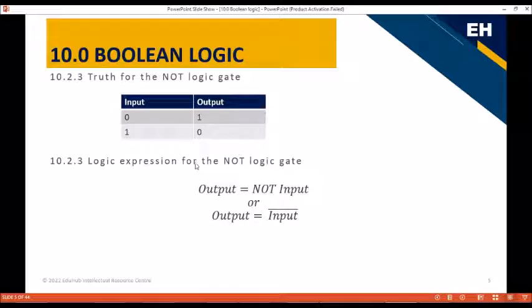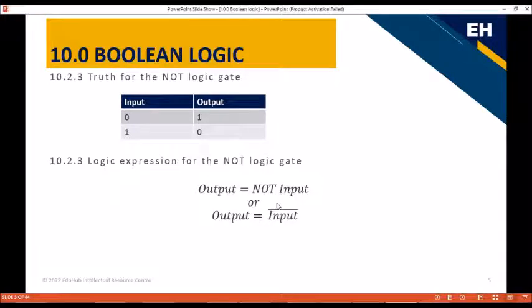Here is the logic expression for the NOT logic gate. You can write the logic expression by first writing the output label equals the NOT operator and then the input label, or the output label equals bar input.